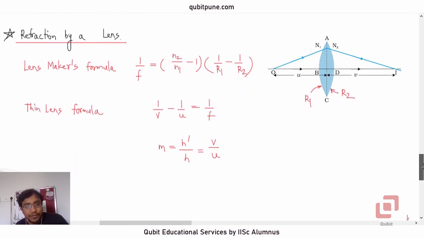The lens maker's formula tells us that the focal length of the lens is given by 1 upon f equals n2 by n1 minus 1 into 1 upon r1 minus 1 upon r2. It is essential to note here what r1 and r2 actually represent. They are radii of curvature, but what is r1 and what is r2, it's easy to remember.